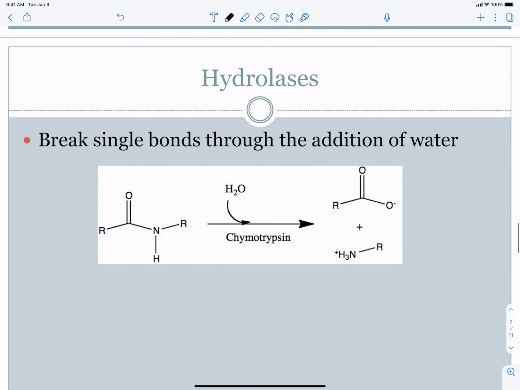Now, hydrolases are the most abundant, and they're going to be able to break single bonds, and they do this by simply adding water. And of course, our body is made up of a lot of water. Examples of this are proteases, peptidases, and these can break down proteins.